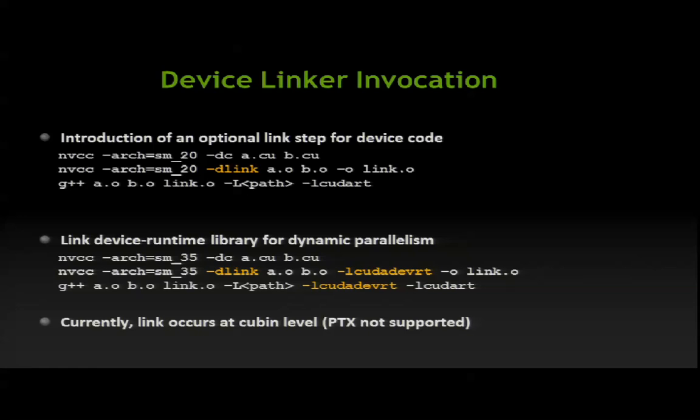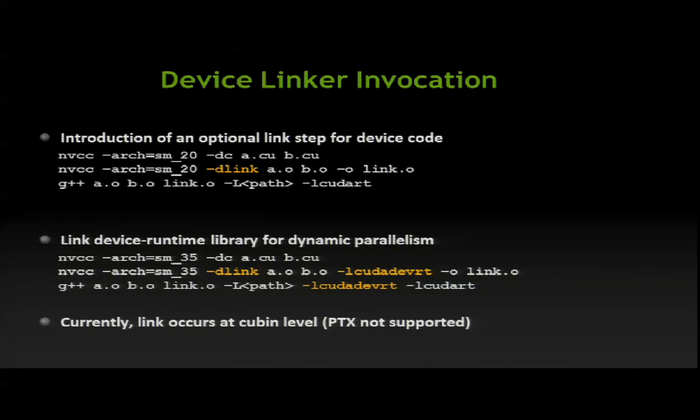In the second invocation, we now link with -dlink a.o and b.o together into link.o. And finally, we use the host linker, and we link a.o, b.o, and the link.o, which is our GPU library of linked together GPU code, and we produce a final binary.